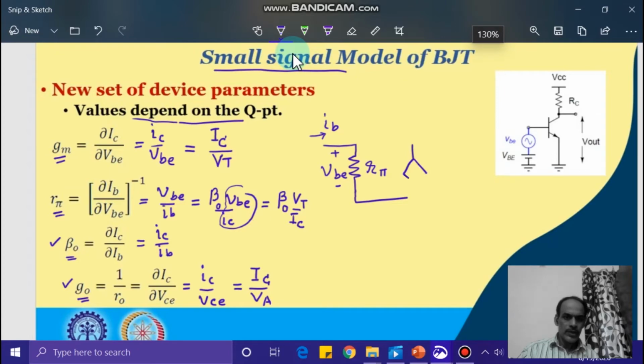So from collector to emitter we have a voltage-dependent current source, I_C equals g_m into V_BE.